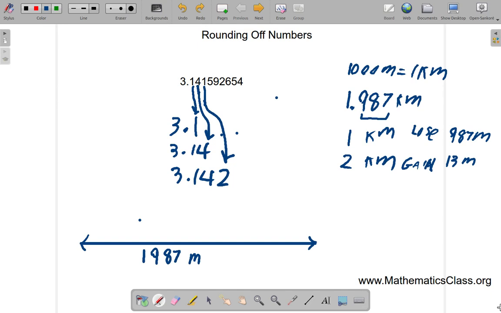Of course, it's the 2 kilometers that would be closer. So this 2 kilometers is more accurate than the 1 kilometer. 13 meters is a much shorter distance than 987 meters. So by writing 2 kilometers, you're much closer to the original measurement than if you wrote 1 kilometer.